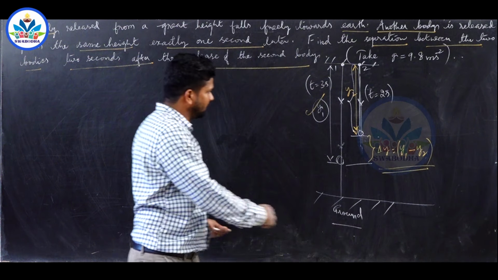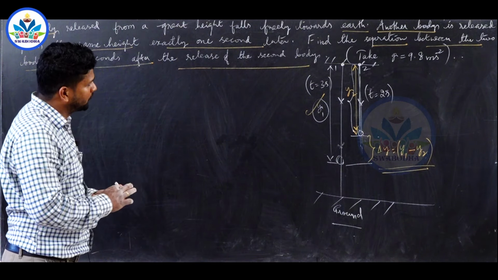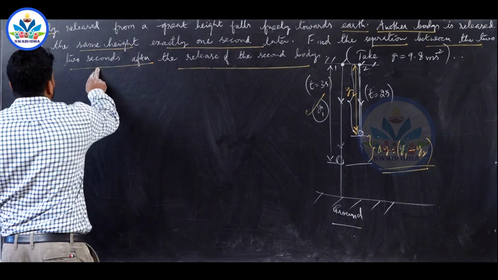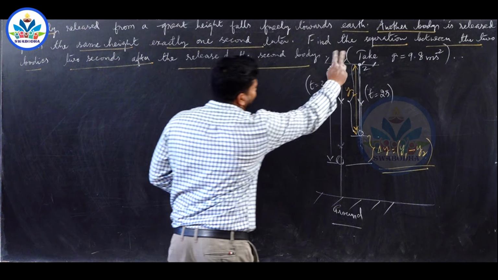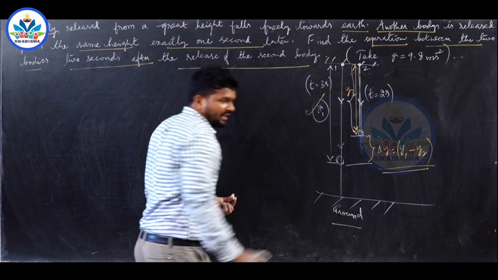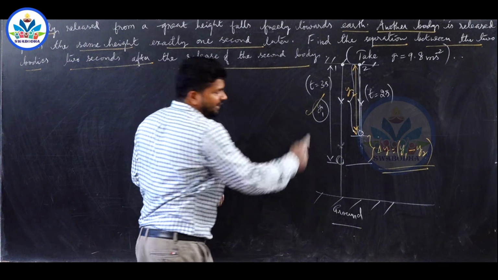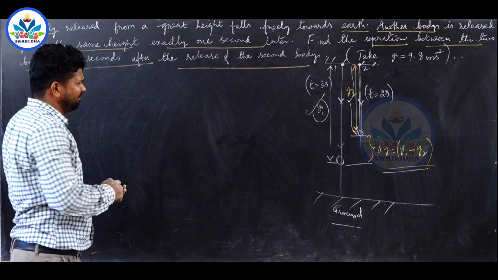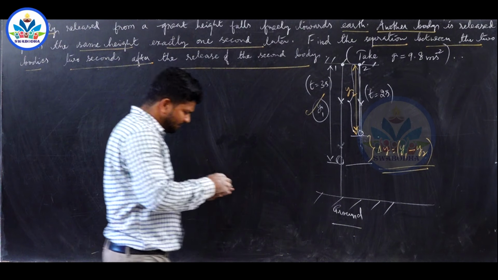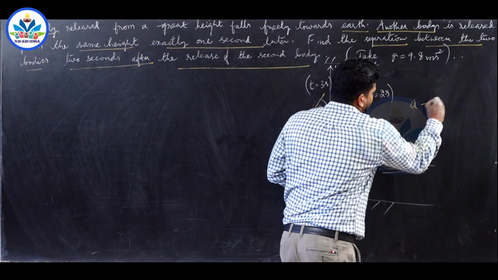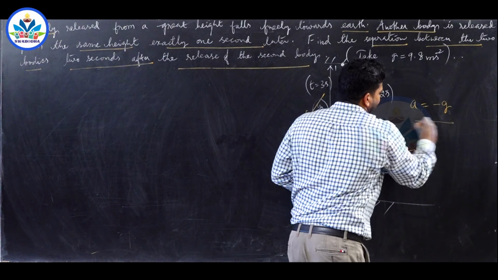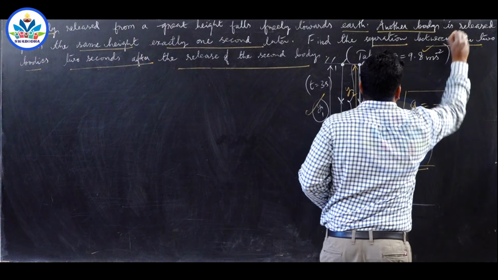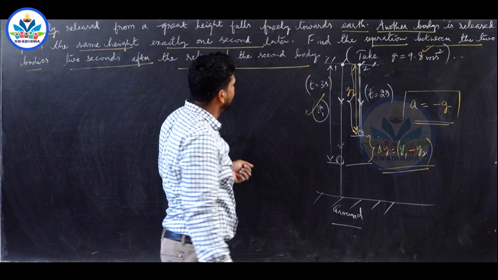You are supposed to calculate the separation between the two bodies 2 seconds after the release of the second body, correct? 2 seconds after the release of the second body is the same as 3 seconds after the release of the first body. Yes, this is motion under gravity, you all know. a equals minus g, that is g is 9.8 meter per second square.